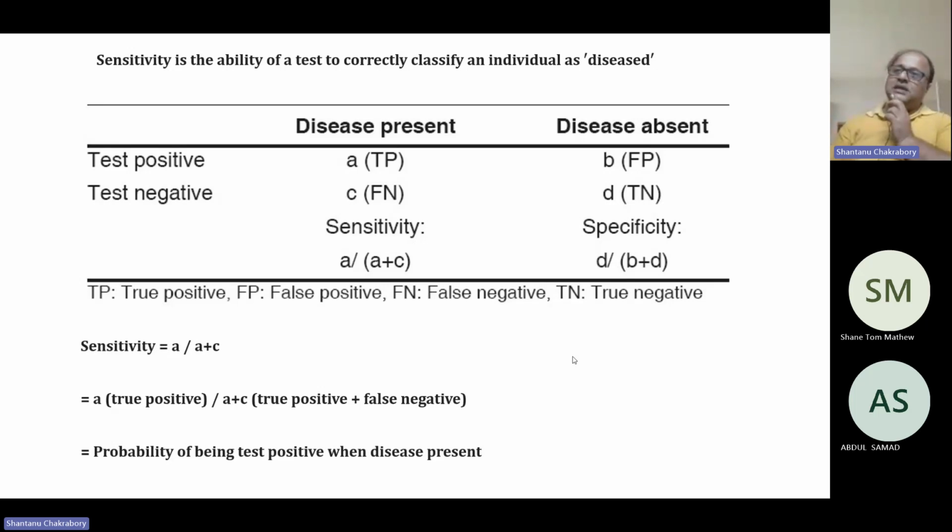Suppose a patient is tested as COVID negative, but when the RT-PCR report has come, he is tested as COVID positive. So there can be cases like that where a patient is diagnosed COVID negative, but he turns out to be COVID positive.